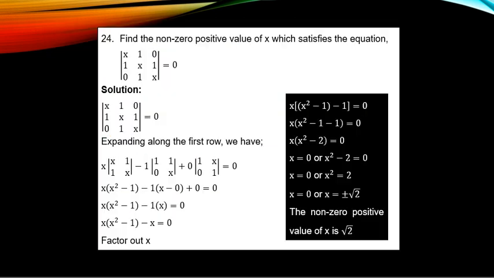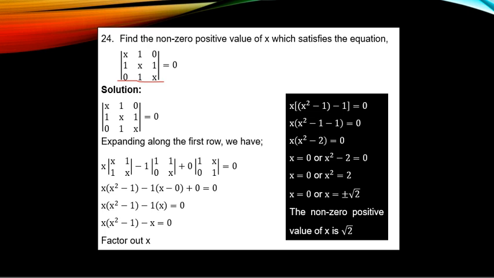Example 24. Find the non-zero positive value of s which satisfies the equation. This symbol there is clearly determinants. We want to solve this matrix equation using the symbol of determinants.